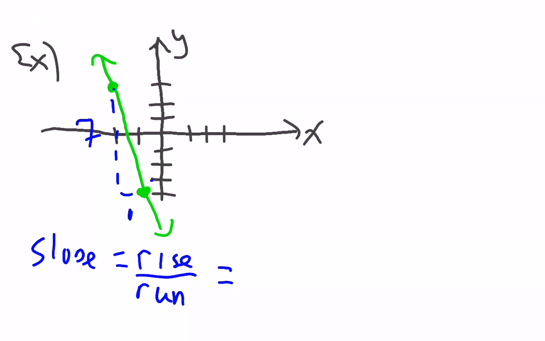So in going down, that means we didn't really rise, we fell, which is totally fine. It just means that we have a negative. So it would be a -7 because it fell over 1. -7 divided by 1 is -7. So our slope here would be -7.